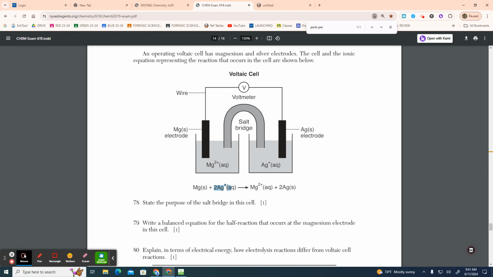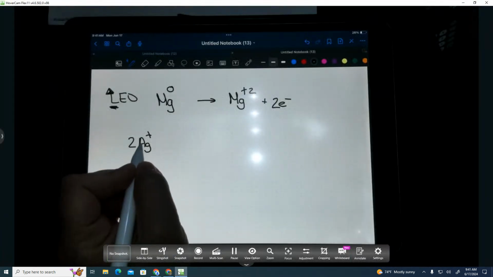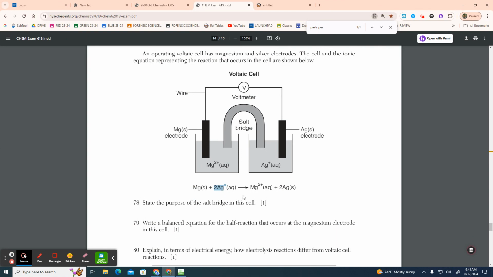Can I do it again? All right, look. You see this 2 Ag+? I'm going to write that down. 2 Ag+. Now, there's an arrow, and it went to 2 Ag zeros.